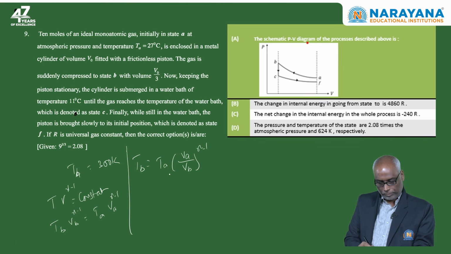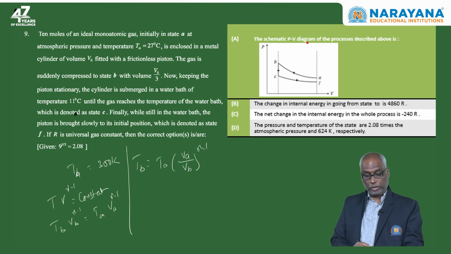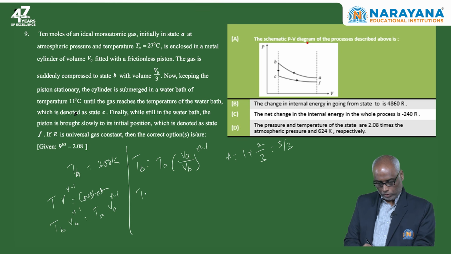Ta we know is 300 Kelvin, Va is V naught, Vb is V naught divided by 3. For a monoatomic gas, gamma equals 1 plus 2 divided by f, 2 divided by 3, that becomes 5 divided by 3, and 5 by 3 minus 1 becomes 2 by 3. So, temperature at B equals 300 into V naught divided by V naught by 3, which is 3 to the power of 2 by 3.